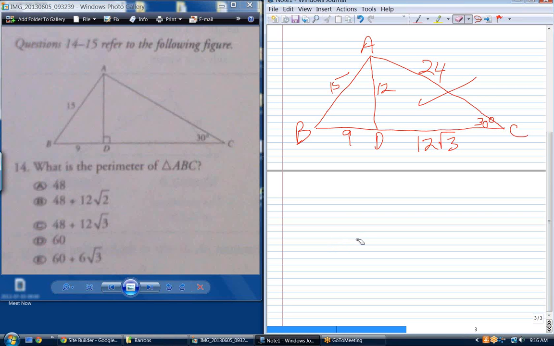It would be 48 plus 12 root 3. Correct. Okay, that was a good problem because it illustrated almost everything we need to know about these geometry questions.